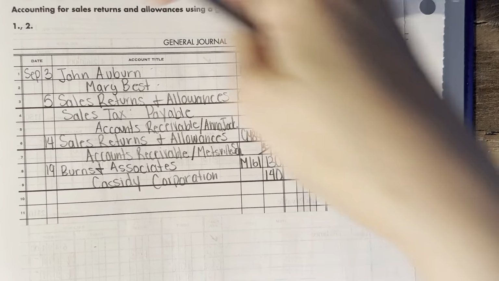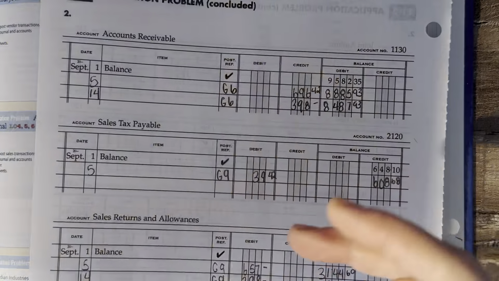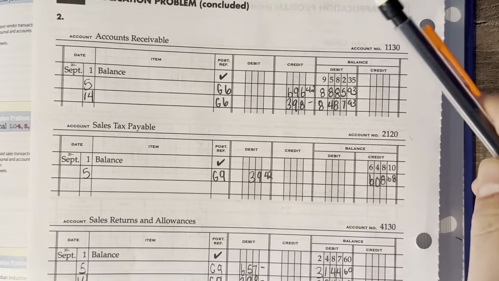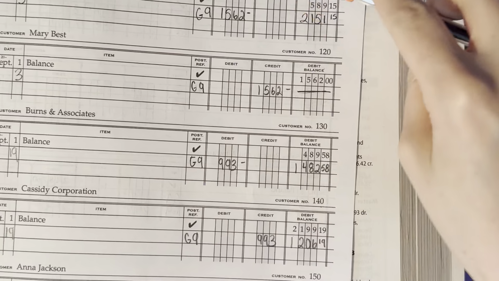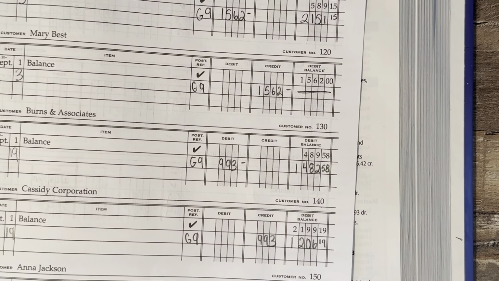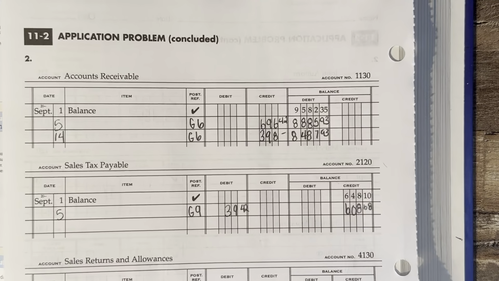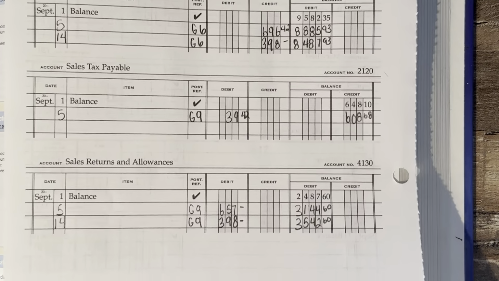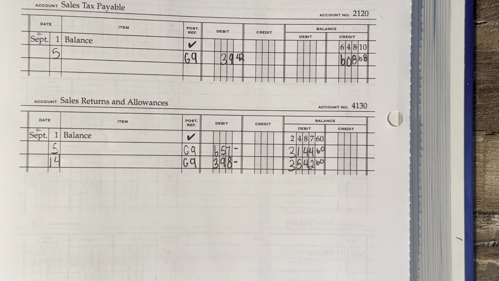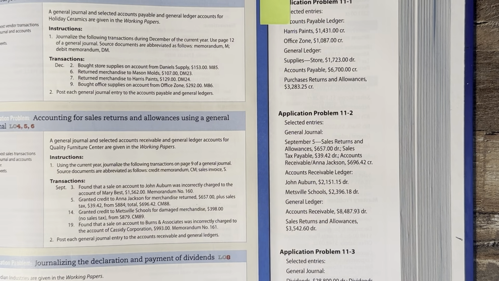Good. Now you can see all the journal entries. You can see how much each person now owes us, the updated amounts, and how much we have in accounts receivable, in sales tax payable, and in sales returns and allowances. And we're good to go. There is 11-2. Good luck.